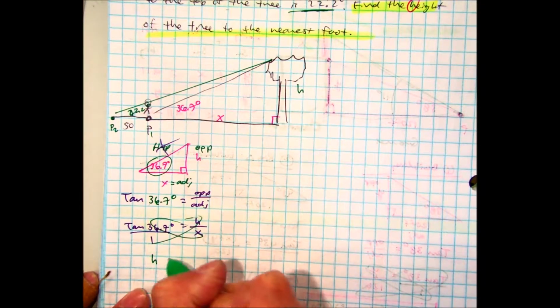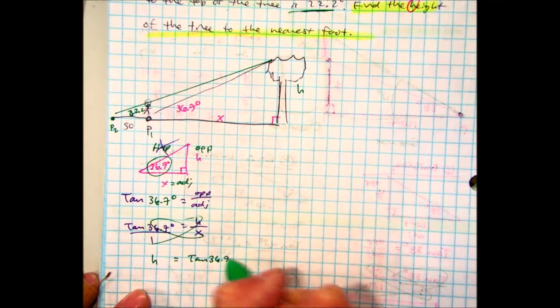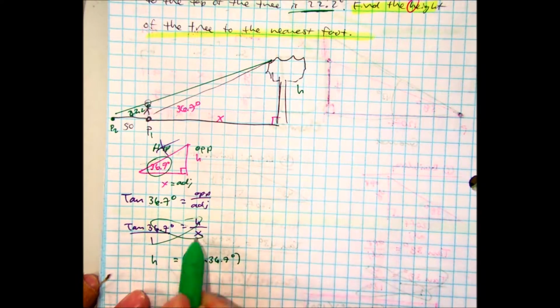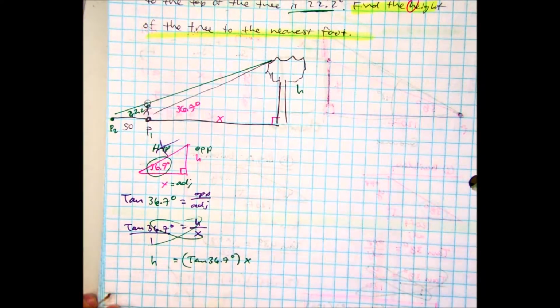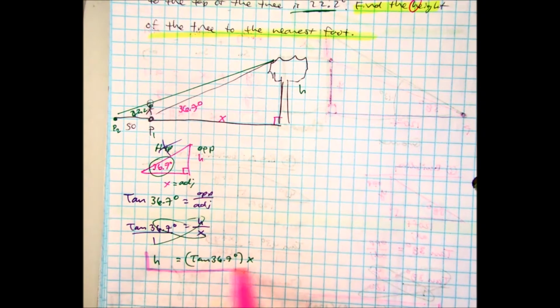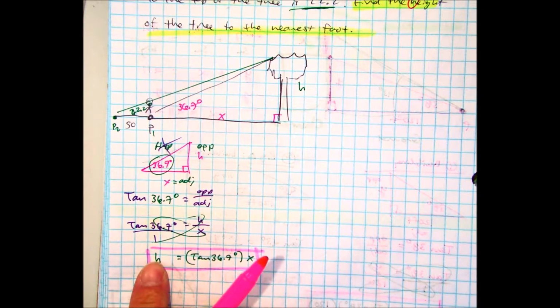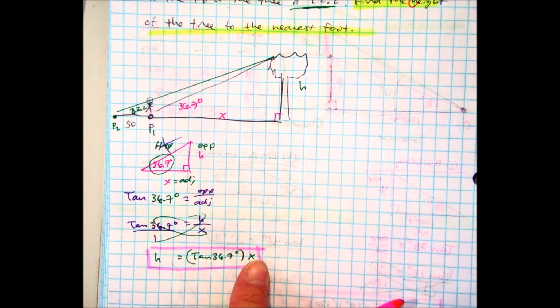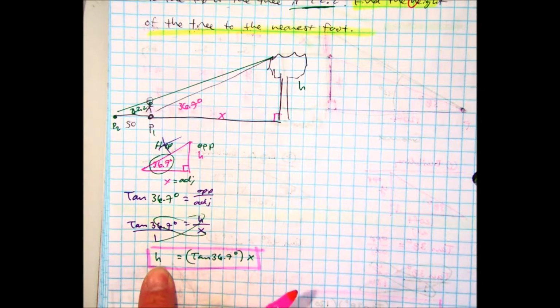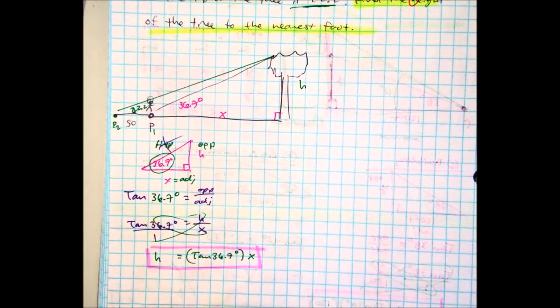So I have h equals tangent of 36.7 degrees times x. I have an equation. I solve for h in terms of x, getting h by itself, and on the other side is a bunch of stuff including x.